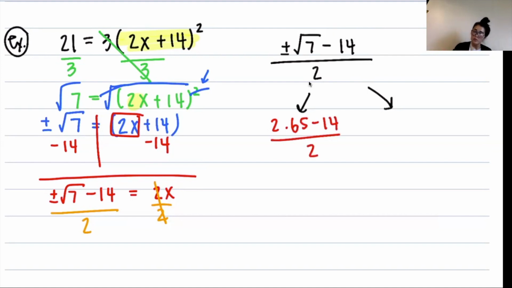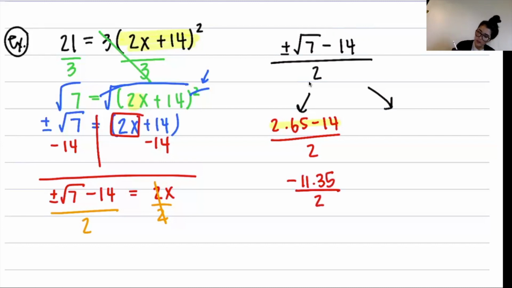What I would do is simplify just that top part first. So 2.65 minus 14 would give me negative 11.35. And then now divide that by 2.